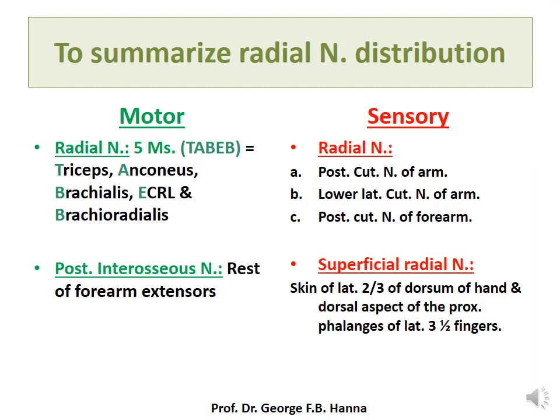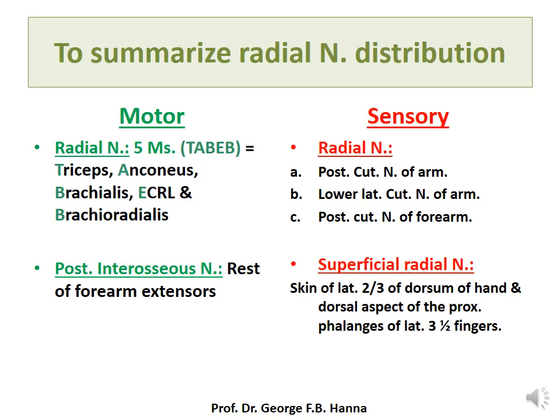To summarize radial nerve distribution again, it supplies motor fibers, by itself, to 5 muscles. You can summarize them in Tabib, which is your profession in Arabic. Tabib.